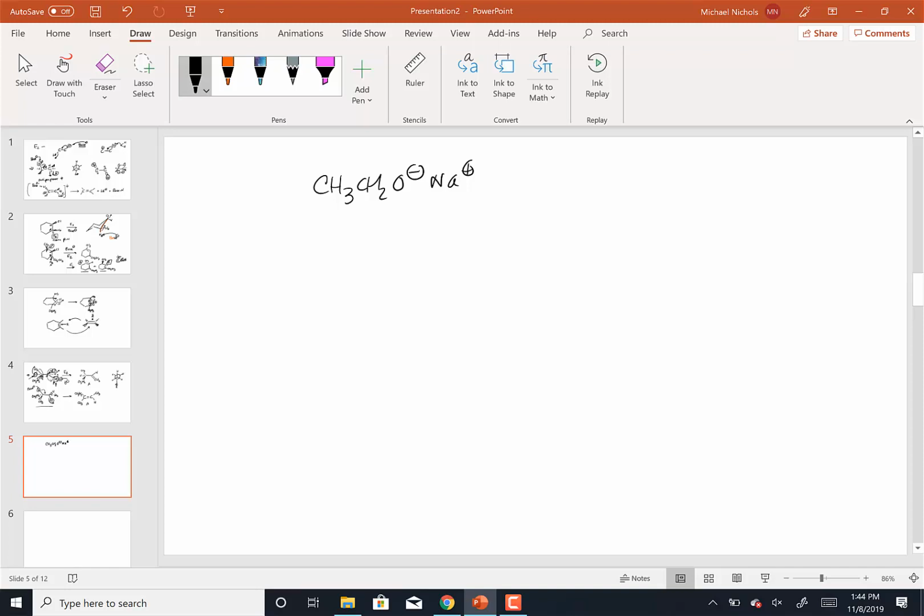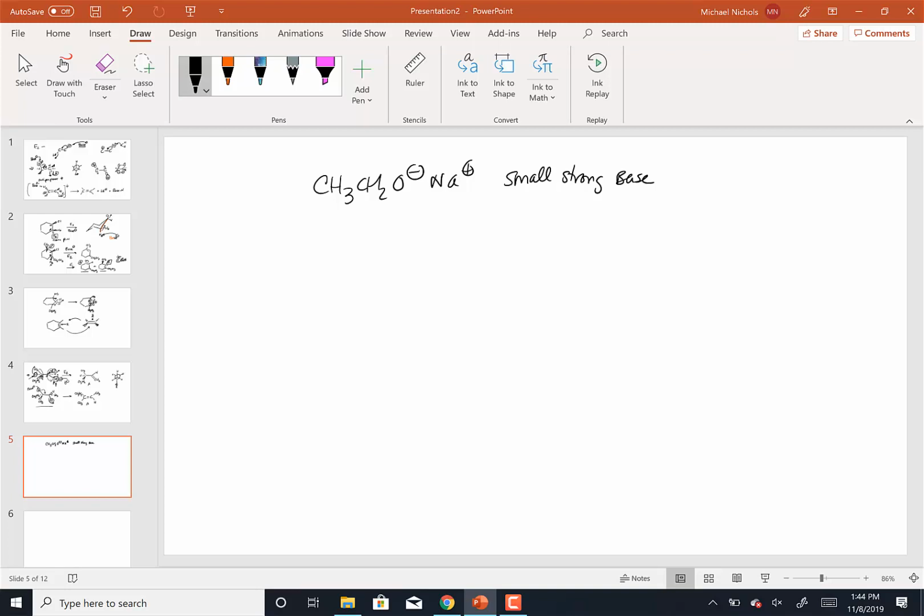By definition, an O minus is a strong base. This is even stronger than hydroxide. So sodium ethoxide is a strong base, and that's what you need. I call it a small strong base, because it's not sterically hindered.